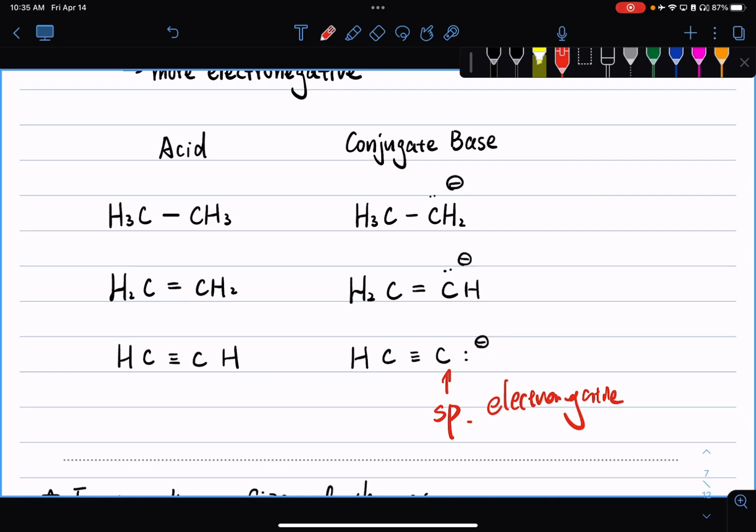So it attracts those anionic species closer to its shell. In contrast, we have sp2 and sp3. So the acidity increases when the hybridization changes.